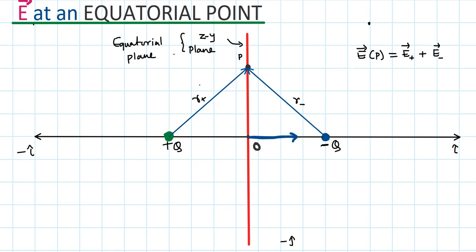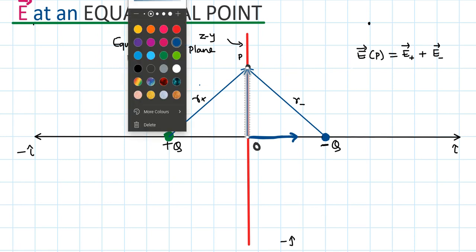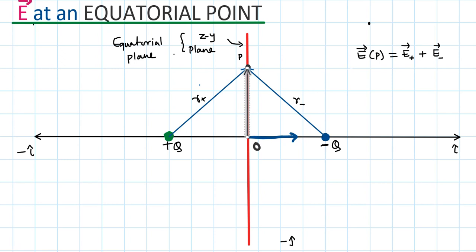And the point itself should be represented using the vector from the origin. So this point P lies on the equatorial plane and is at some distance R from the origin O, just as in the previous case.